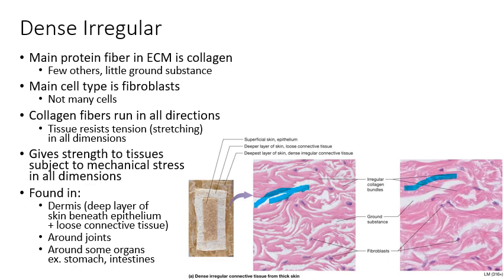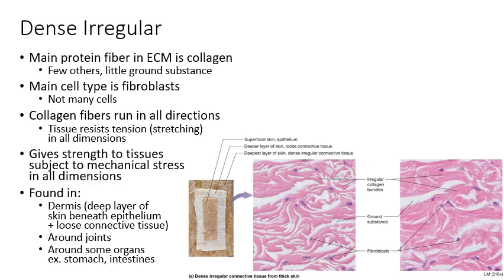And then you also have little purple spots. Those are cells, mostly fibroblasts, to make all of that collagen. Right, so fibroblasts would be the main cell type in dense irregular tissue, and the main fiber type and the main thing overall is collagen fibers.